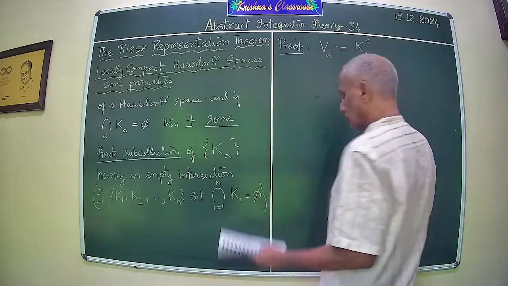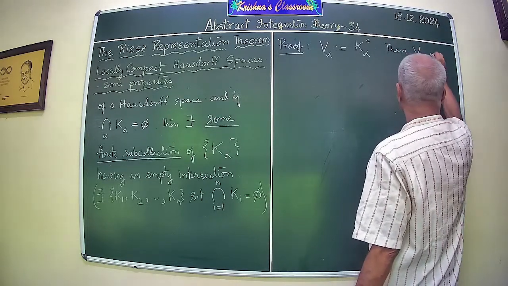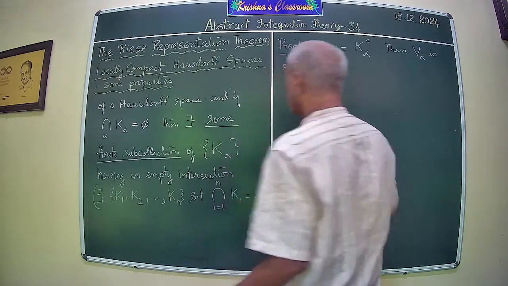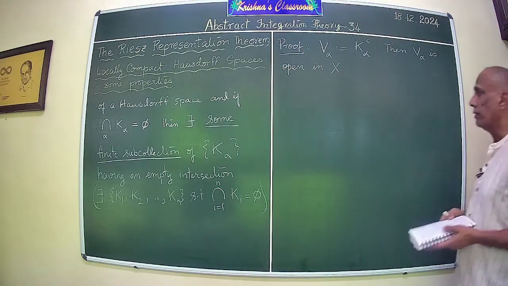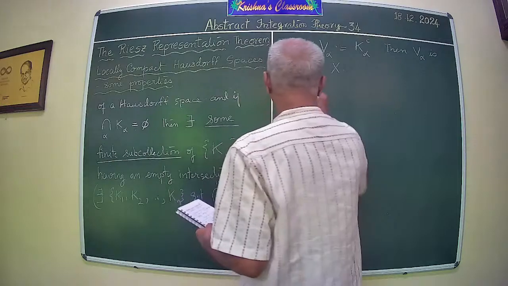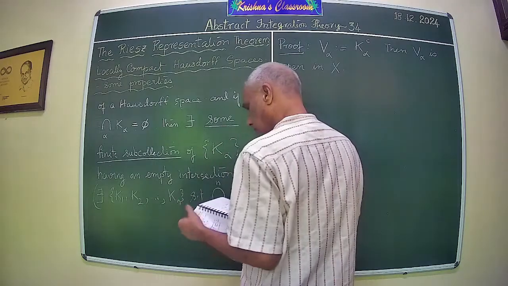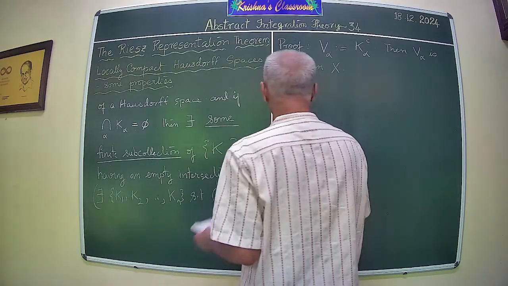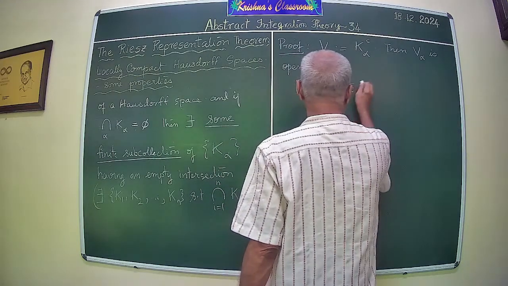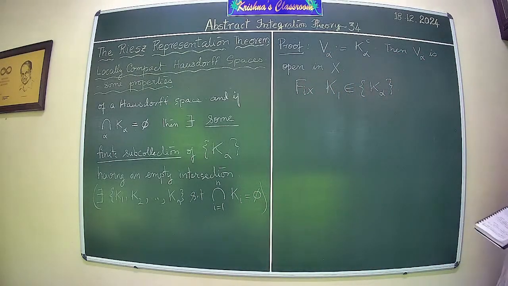Then V alpha is open, because X is a Hausdorff space. Now fix some K1, pick an arbitrary one.